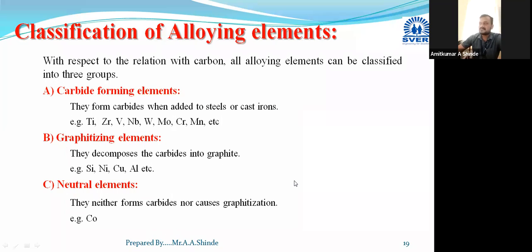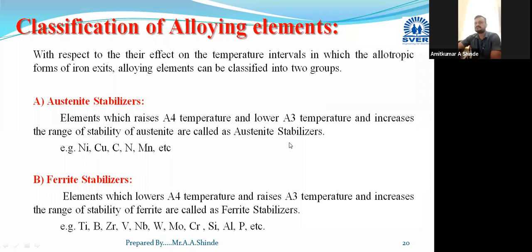Okay, then this is the classification of alloy elements with respect to their relation with the carbon. Then these alloy elements are classified in two other types with respect to their effect on temperature intervals in which allotropic forms of iron exist. Okay, in short, these alloying elements are classified on the basis of their effect on the critical temperature lines present in the iron carbide equilibrium diagram.